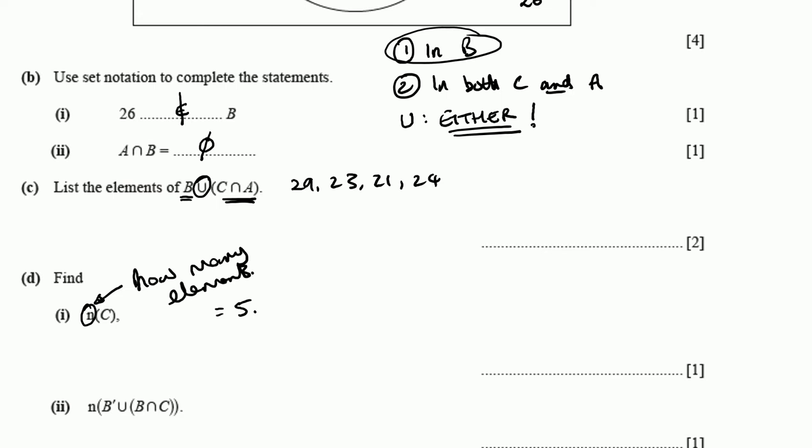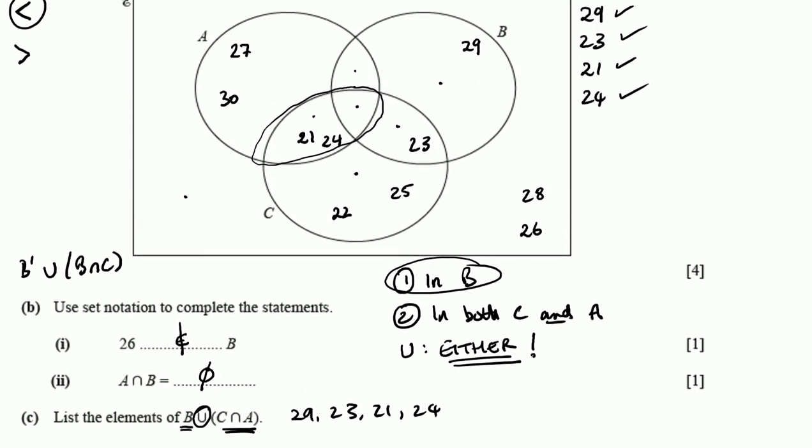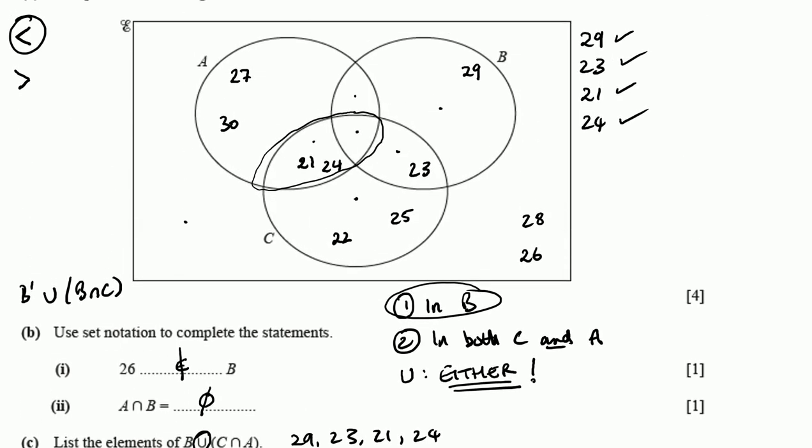Now this condition over here, I'm going to jot that down at the top so I can go back to my Venn diagram. B dash union B intersect C. I want to find the number of elements that satisfy that condition. So let's unpack that condition for a second.